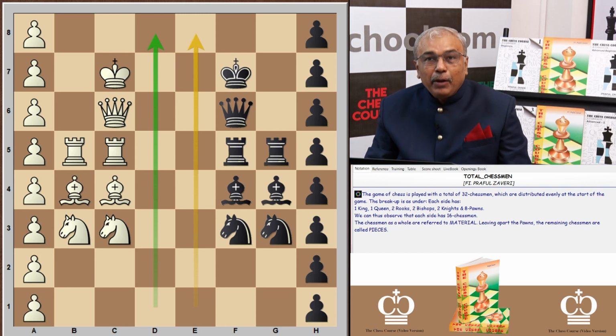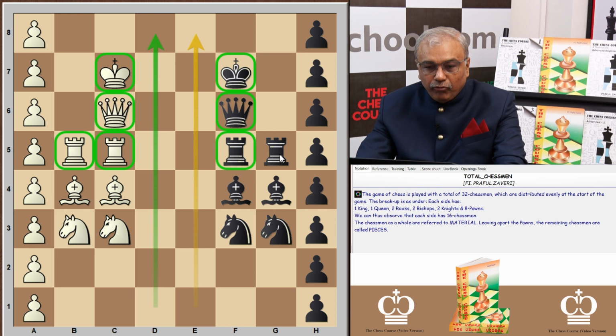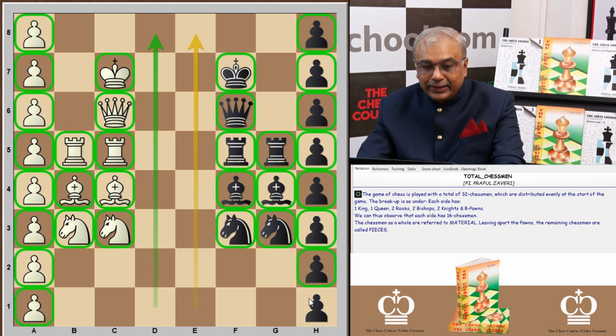So what is the breakup of these 32 chessmen? Well, each side has got 1 king, 1 queen, rooks are 2 for white, 2 for black, bishops are also 2 for white, 2 for black, knights are also 2 for white, 2 for black, and as regards pawns, pawns are 8 for white, and similarly 8 pawns for the black side.